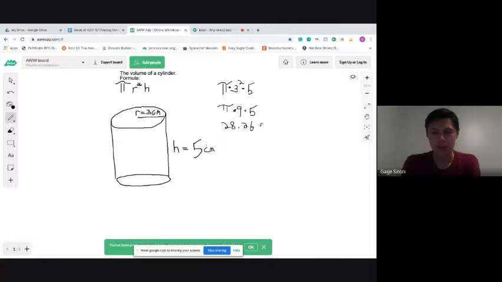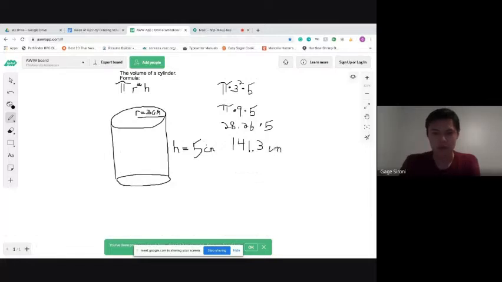We still have to multiply by 5. All right, 28.26 times 5 is 141.3 centimeters.